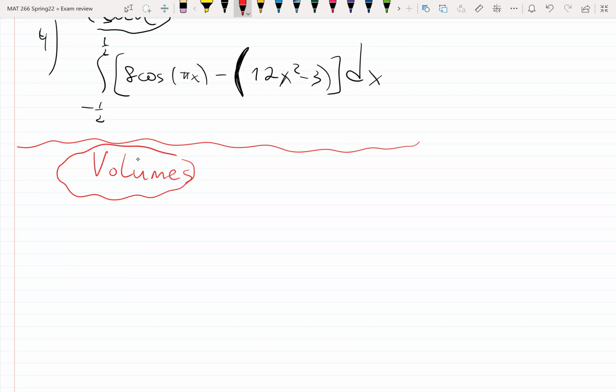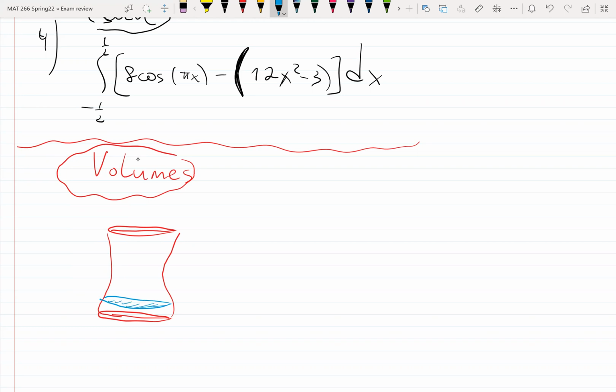Let's do it. So we first learned that we can slice the 3D object, for example, this vase. This is a 3D object of a vase. And we can slice it vertically or horizontally, that's the dx versus dy case. Disks.